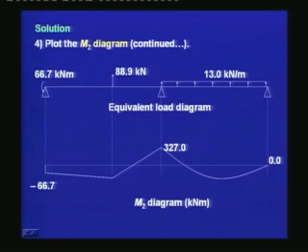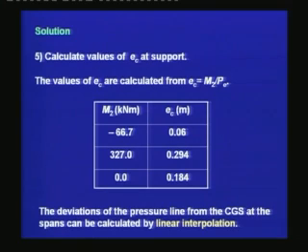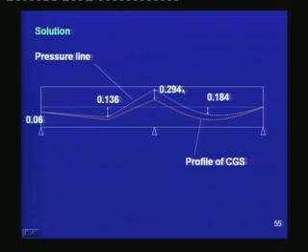We are getting the M2 diagram from the equivalent load diagram from the structural analysis, and then we are calculating the values of EC at the supports from the relationship EC is equal to M2 divided by PE. Thus, once we know EC at the changes, we are able to plot the pressure line.